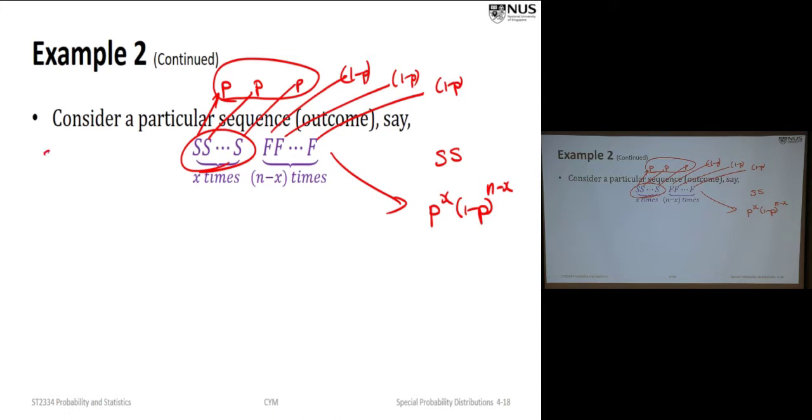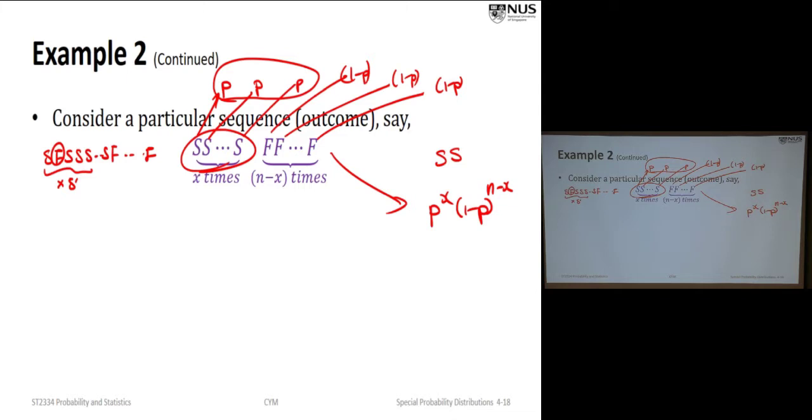Then how about this one? It's still X successes, but one of the F's is at the second trial. This particular sequence still gives you X successes and n minus X failures. So what is the probability of getting that sequence?